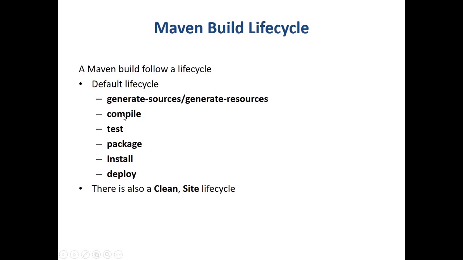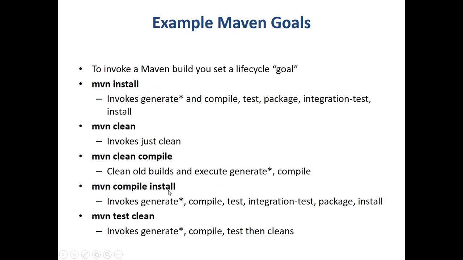So it is going to continue from compile by skipping the compile phase. Okay, so that's how, if you give these two phases together as goals, it is not going to run it two times. Basically, both of them are equivalent to just saying Maven install.